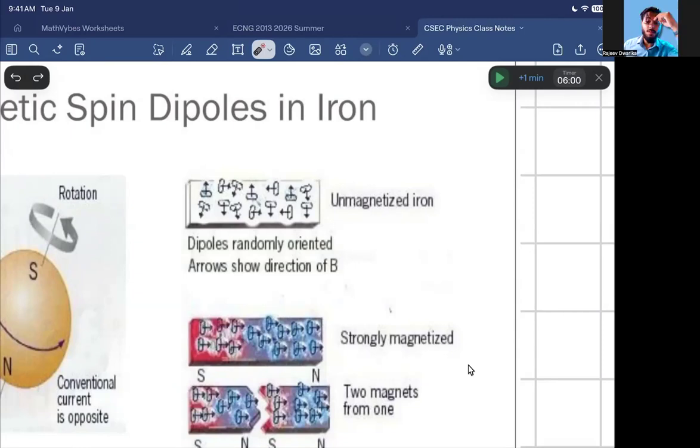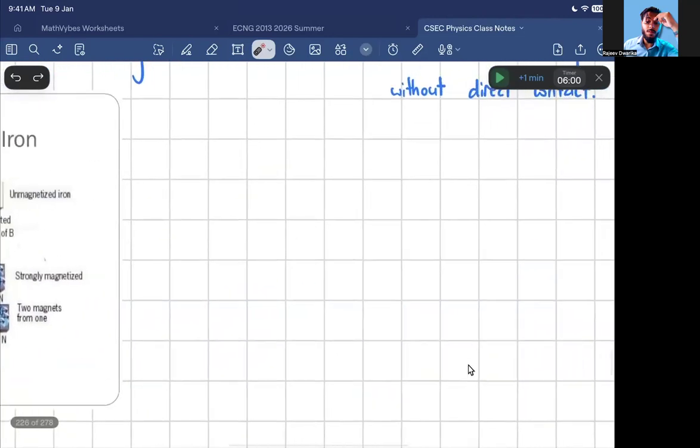Right, so it causes the magnetic domains to align. That's the proper way to say it. And if the magnetic domains align, what will be developed? A magnet, yeah, a magnet with poles. What develops is a North Pole and a South Pole.